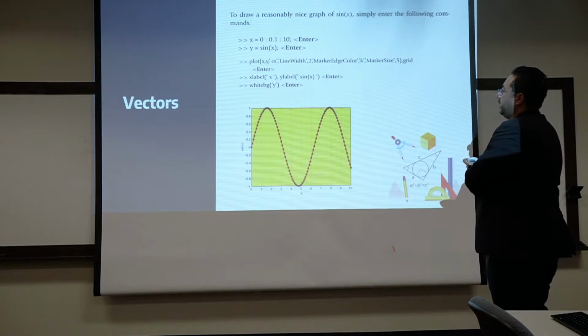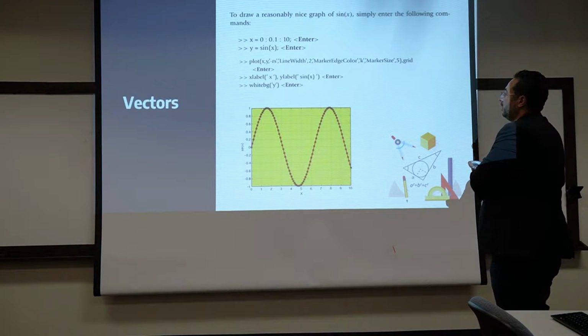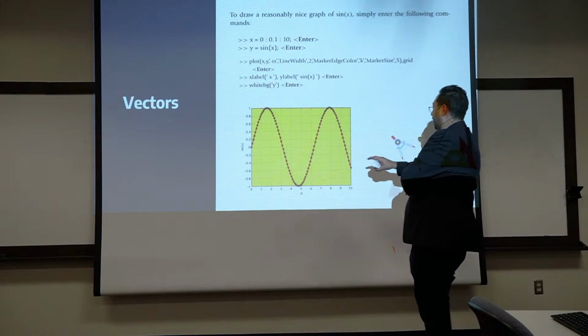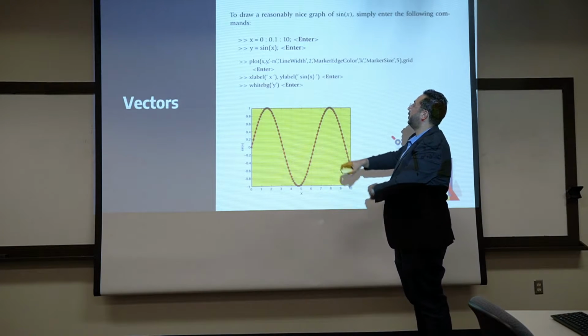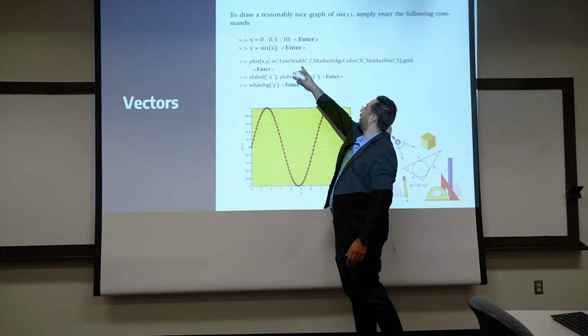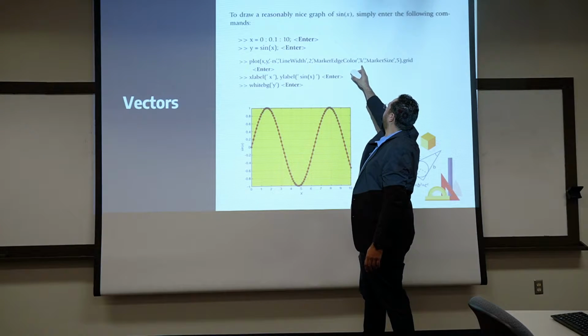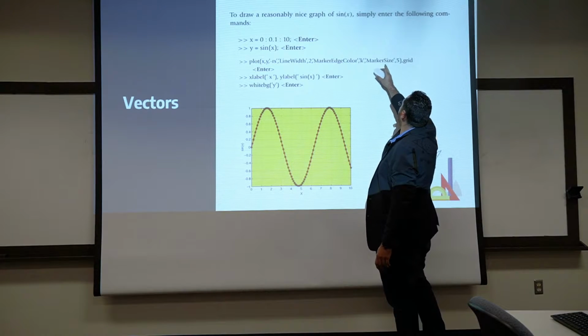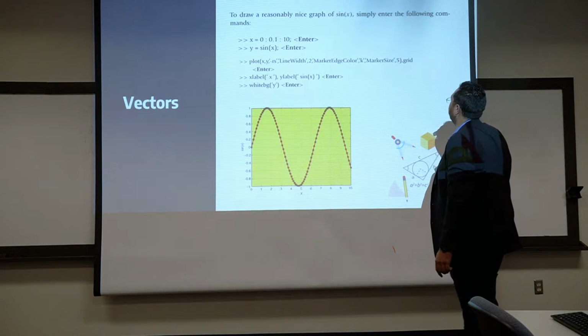What you're trying to do here is plot x and y. Then you need to have each point along the line be a dot and connected through a line, and here you are defining the line width to be 2, then the marker edge color to be k, there is a code for each color, then the marker size, how big the marker is, you choose number 5.